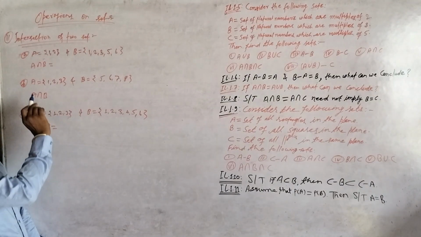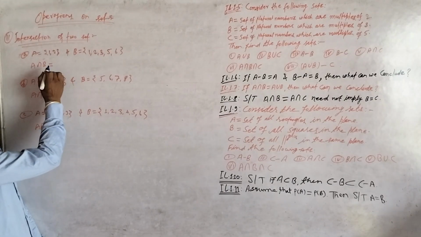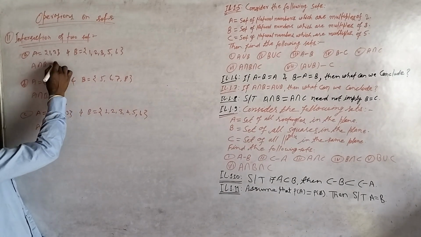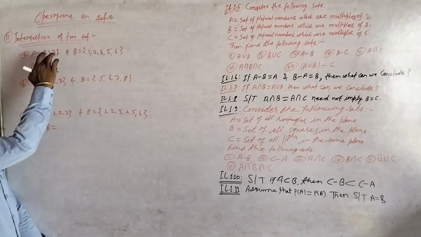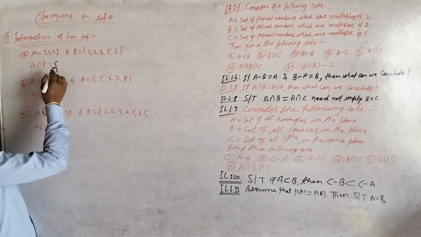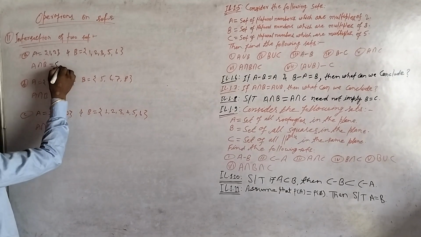Listen carefully. A intersection B means we write those elements which are common in both, that means contained in both sets.